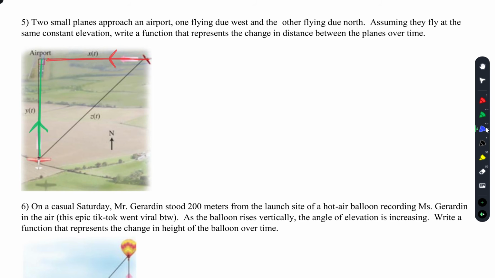As the planes are moving, the distance between them is also changing. As time goes on, is that going to get shorter or longer? Shorter, right? So we need to come up with an equation that can relate all of those variables.